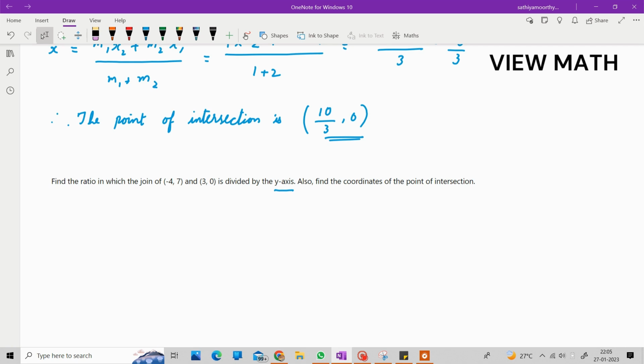In the previous problem, we saw it was divided by the x-axis. Now it is being divided by the y-axis. If you plot the points, you will see it is divided by the y-axis. Also find the point of intersection. They're asking us to find the ratio. So let me proceed.